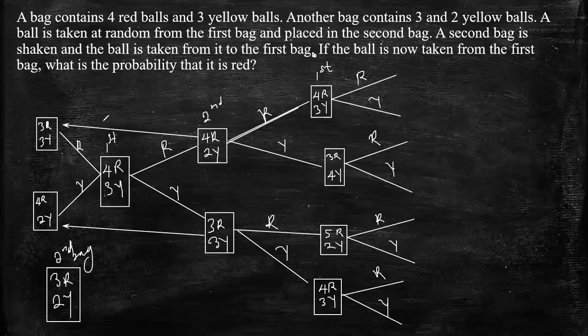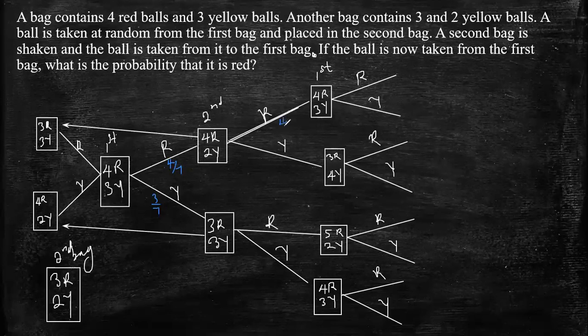So we can now put the probability values. Let me just use a different color. So the probability here will be 4 out of 7. The probability here will be 3 out of 7. Now we leave what is on the left. That was helping us, so we can now leave them out.